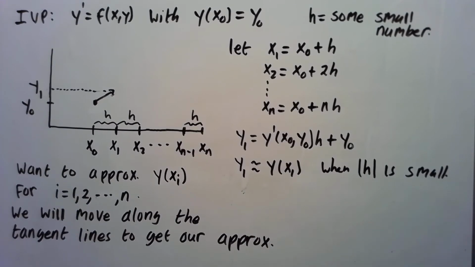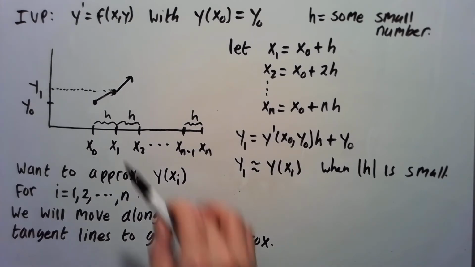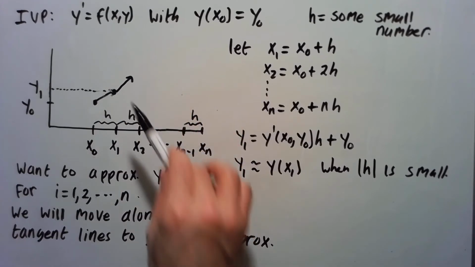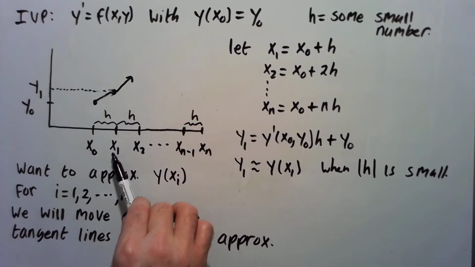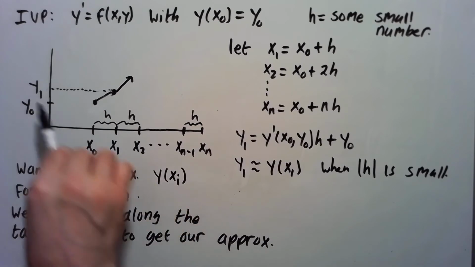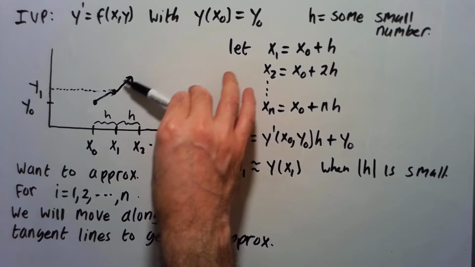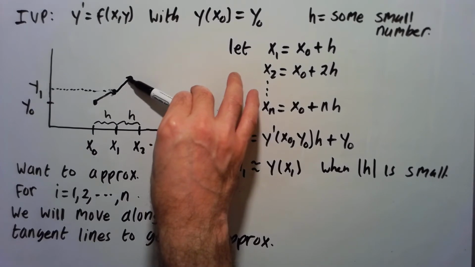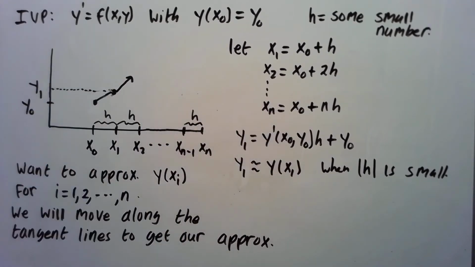Okay, so for our next approximation, we'll be taking the y1 value, and we're looking at the slope of the tangent line at x1, y1. So say that's the tangent line. We're going to move along at h again to get our approximation for y2 next.